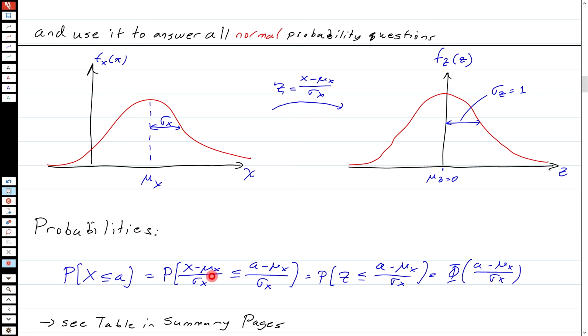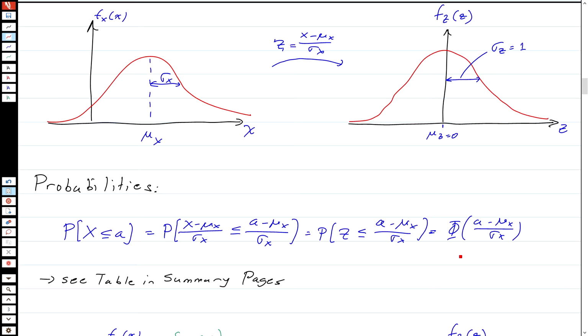And then this thing here is my z. So this becomes probability that z is less than or equal to this quantity here, a minus mu of x over sigma x. And then we're going to write this as capital phi of a minus mu of x over sigma x. And this phi is the cumulative distribution function of the standard normal.